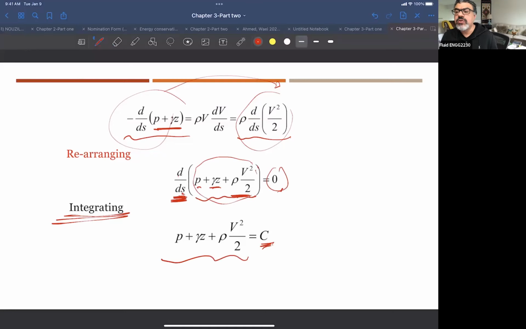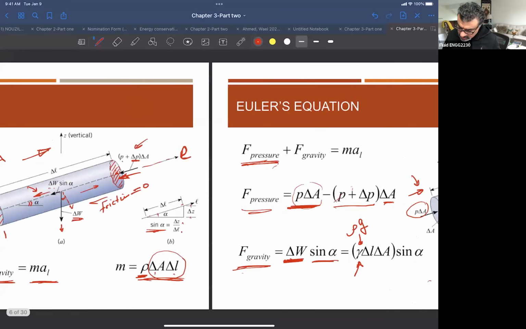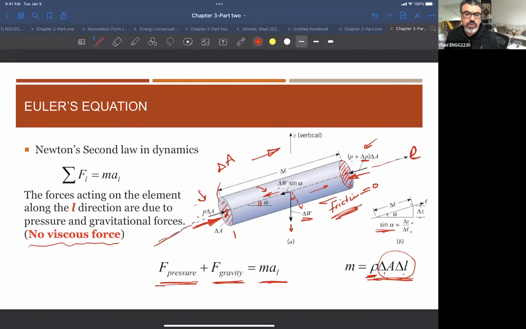You have a summation of three terms, and those three terms are constant only for frictionless flow. Remember the first assumption is that we don't have shear forces; we didn't take the shear forces into account when we applied the forces.